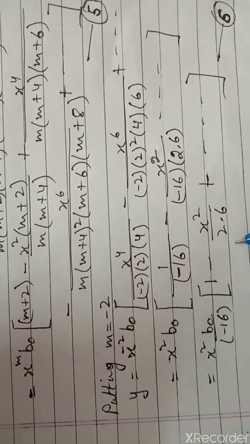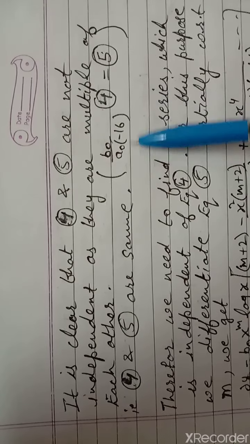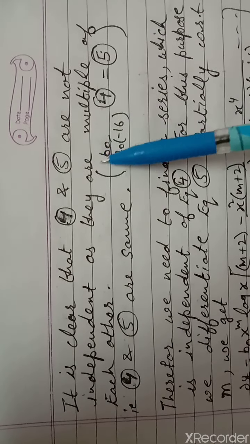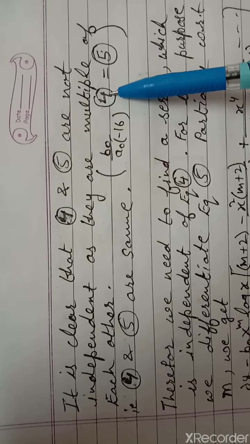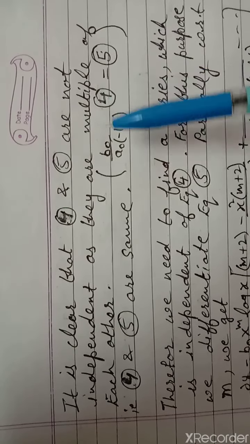It is clear that 4 and 5 are not independent, as they are multiples of each other, that is, 4 and 5 are the same. When you multiply equation number 4 by this constant, you get equation number 5. Therefore, we can say they are not independent. One of the series can be written in terms of the other series.